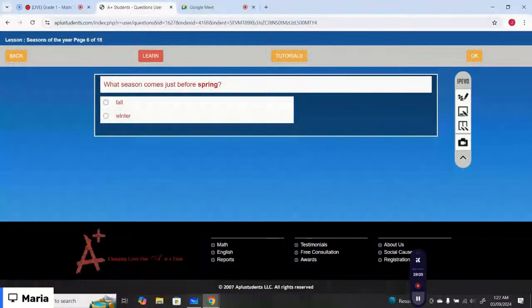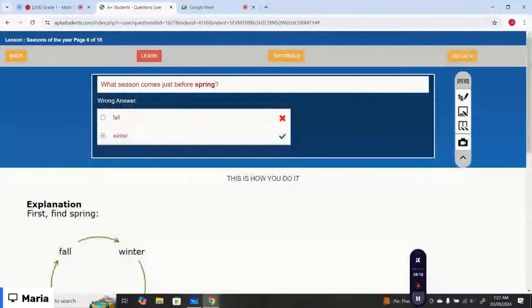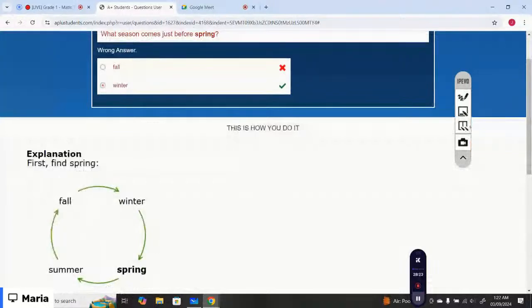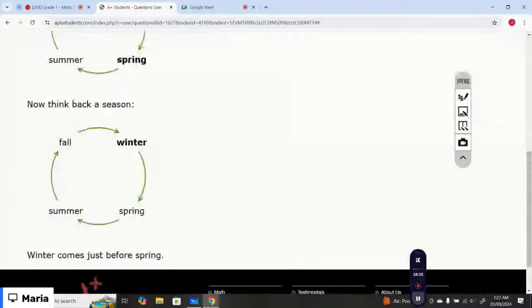After spring it is fall. The correct option is fall. Option number one is winter. Oh, sorry, before spring. Sorry, before spring. Yes, it is winter. The correct option is winter.